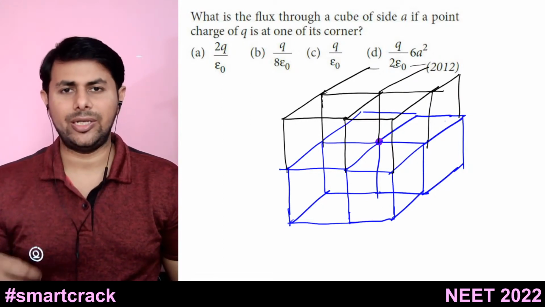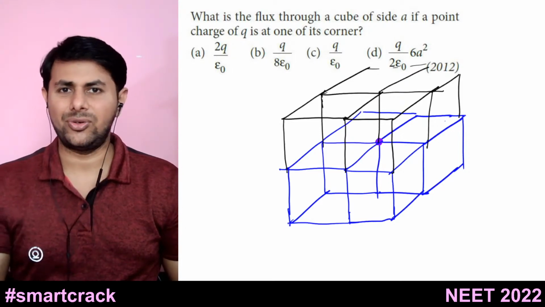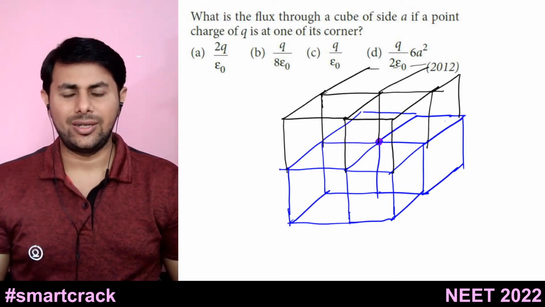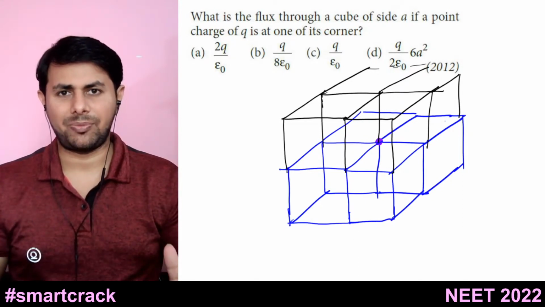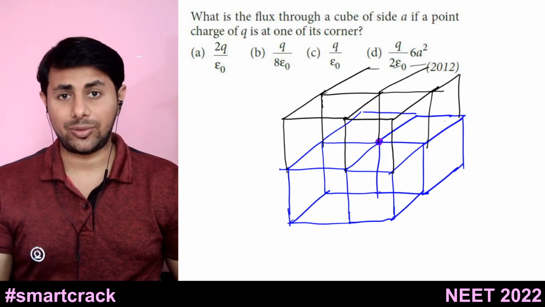So how much will be the total flux out of those 8 cubes? The total flux will be Q upon epsilon naught, because the flux through any closed surface is Q upon epsilon naught. So how much will be flux through one of those cubes?